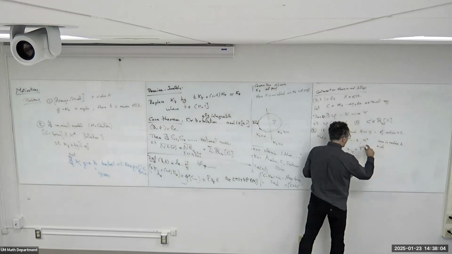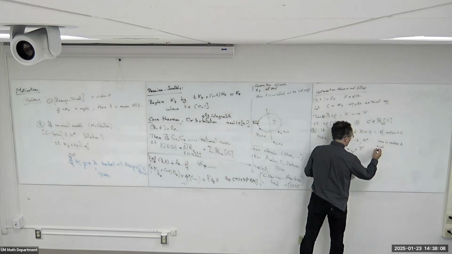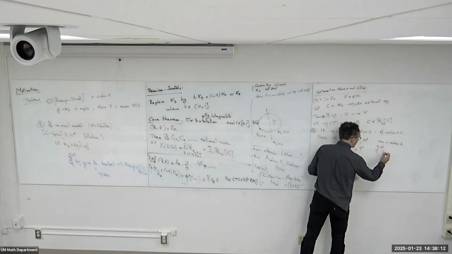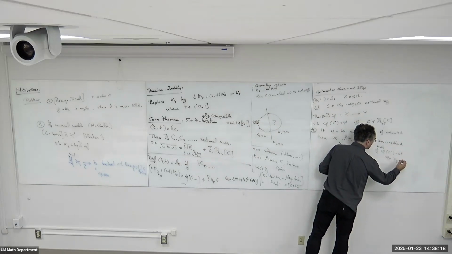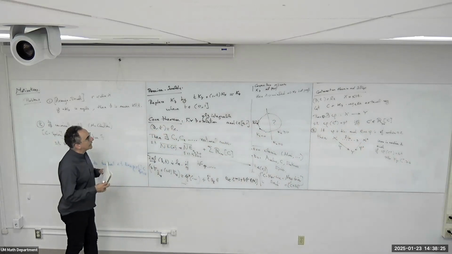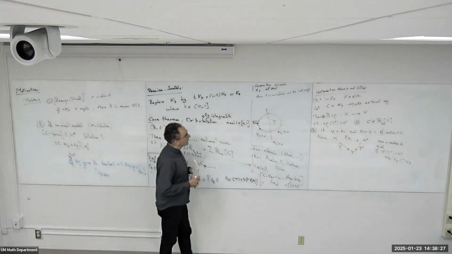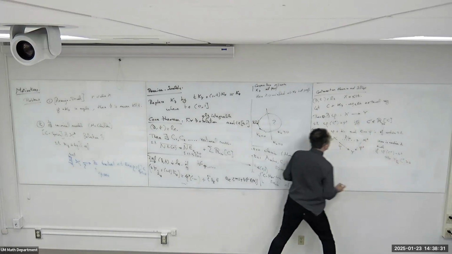And also, for any curve which is contracted by this, we have that KF is positive. So in other words, if phi plus of C plus is a point, then KF plus times C plus is positive. So in other words, from negative we go to positive. This is what is called a flip. And it's the classic thing of the Mori program, except that it's for foliations. And here this is F_t, sorry.